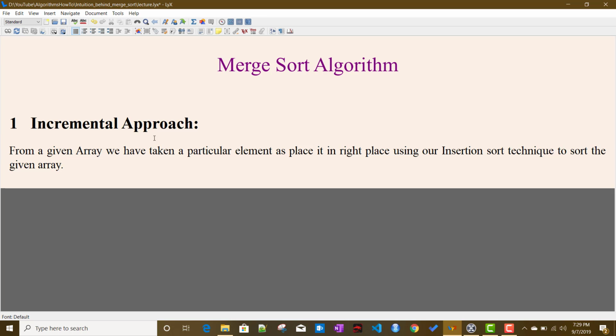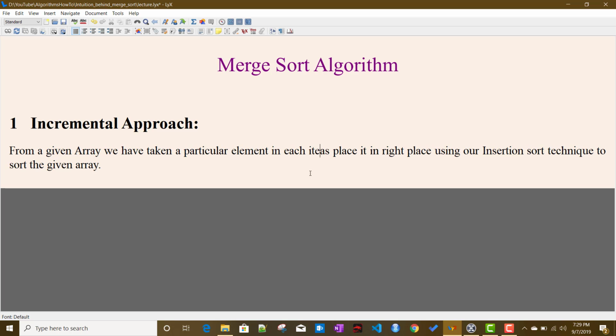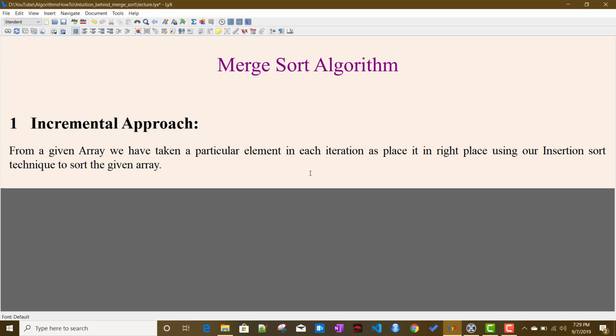That means in each and every iteration, we take a particular element and place it in the right place. So we have taken an incremental approach there. Now there is another approach called the divide and conquer approach.